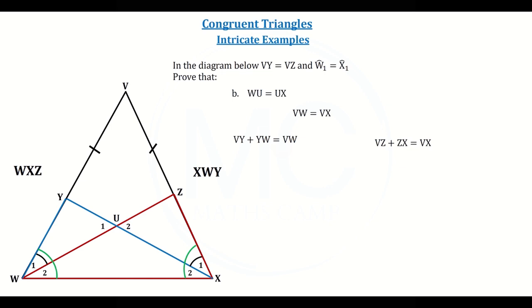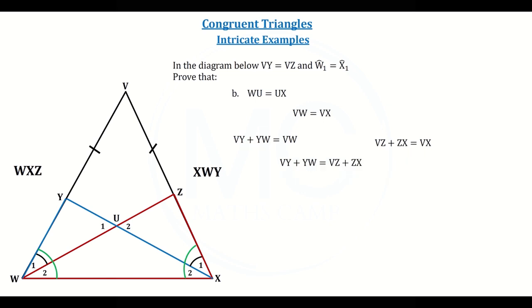We know that VW is equal to VX, which means that VY plus YW is equal to VZ plus ZX. So we can rewrite our equation as VY plus YW is equal to VZ plus ZX.